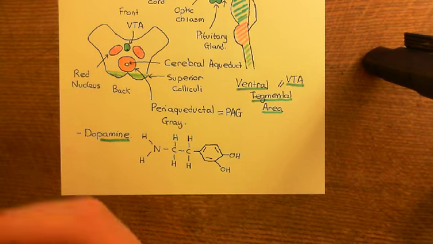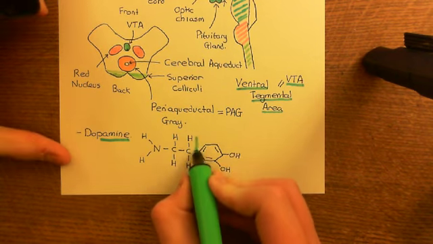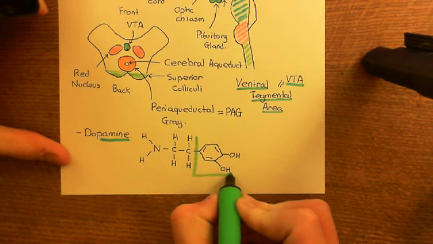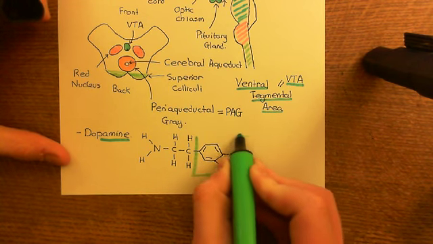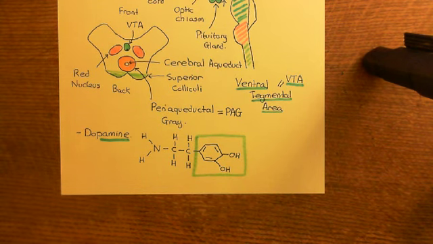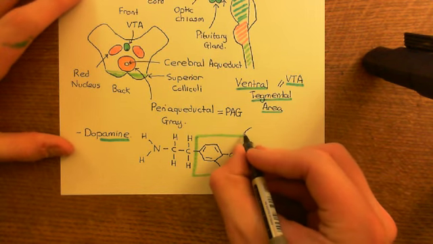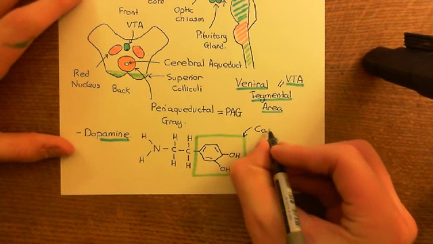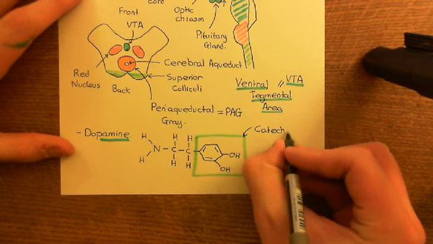Now let me highlight one important part of this structure: the benzene ring with two alcohol groups coming off it. There is a special name for this. It's known as a catechol ring.